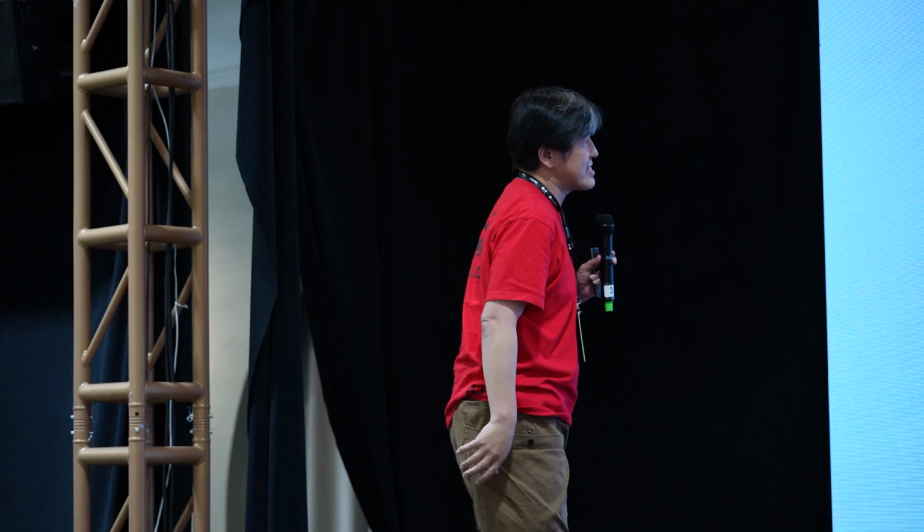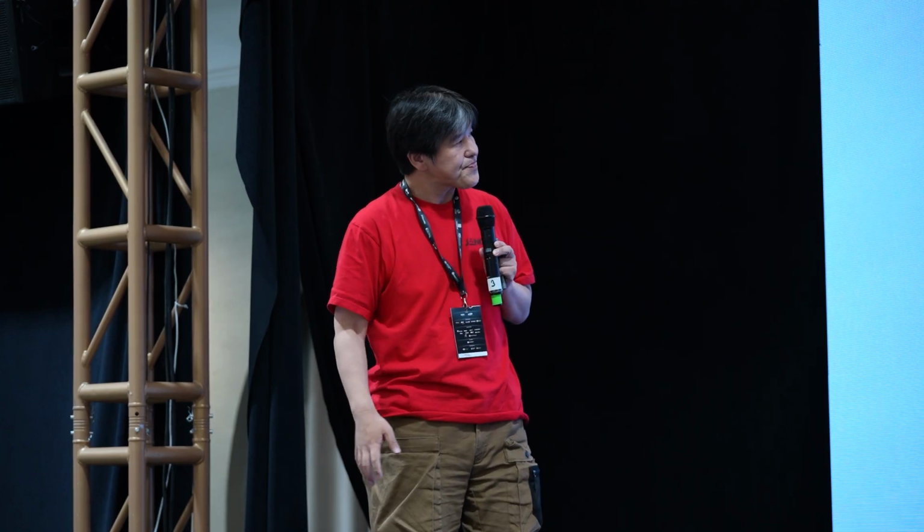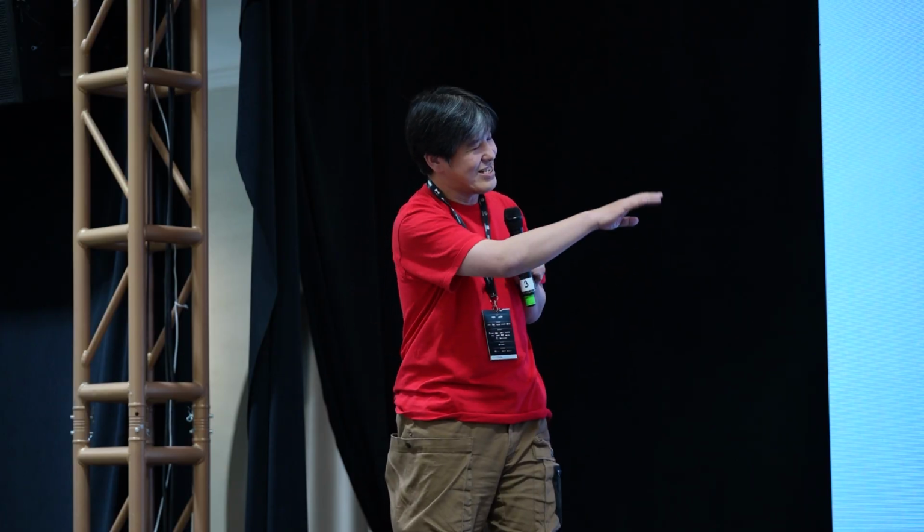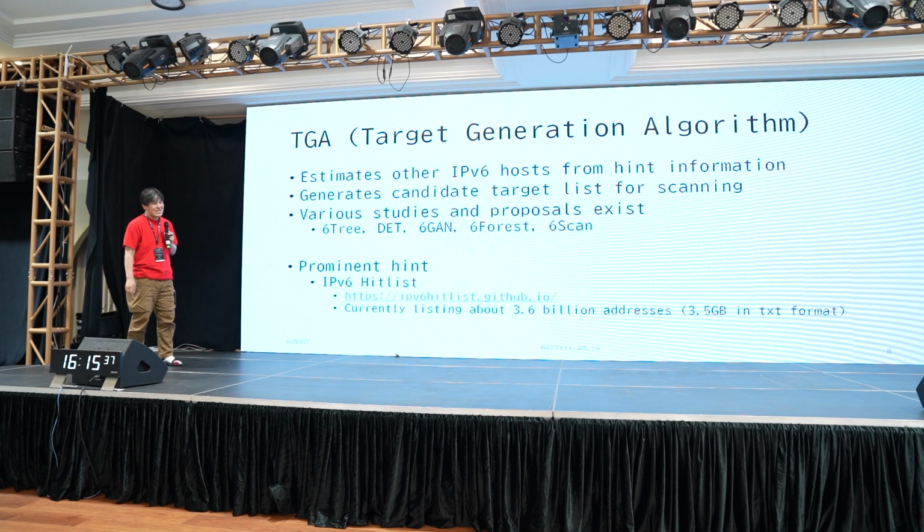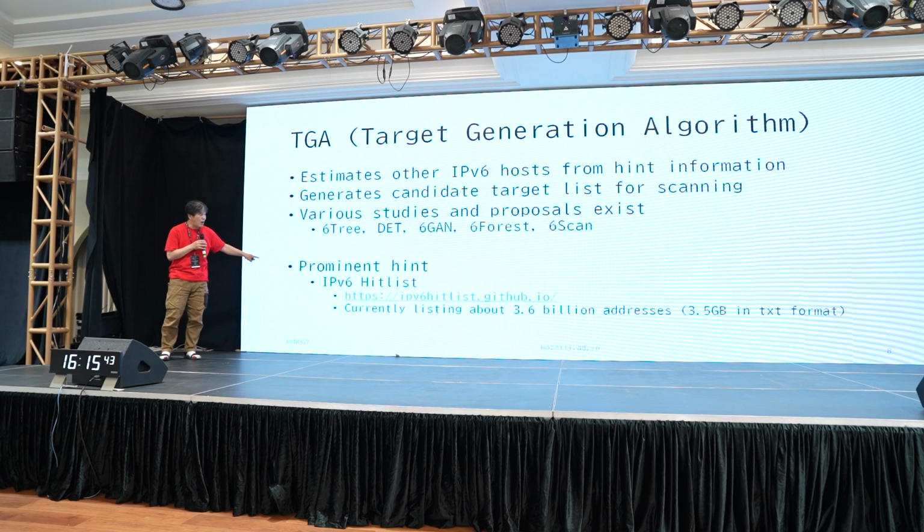And there are various study proposals in the world. There are a bunch of different styles. Some use a heuristic approach, and AI is also used nowadays. And then we have a very common and very popular hint list here, the IPv6 hitlist.